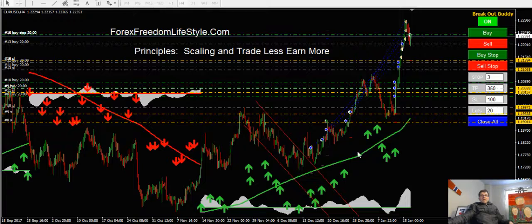You can see here strength indicator, this green line, showing a lot of strength. Cloud cover showing a lot of strength right down here. That's a cloud showing the strength. It started out a little choppy, went up, down, down. That's a healthy trend.